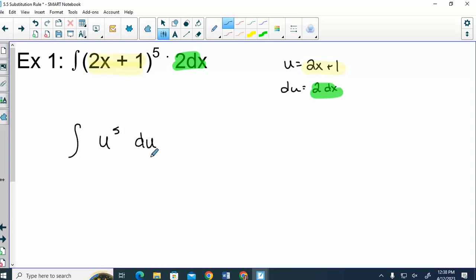So we just have to do the integral of u to the 5th du. So what is the antiderivative of u to the 5th? And what else would this mean? Okay. Now, the original problem had x, so at the end we have to sub back. So instead of u, what would I write?